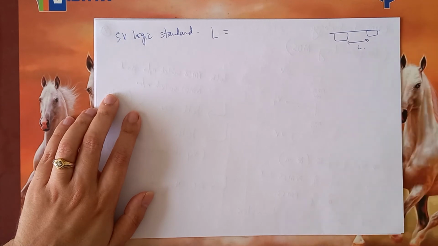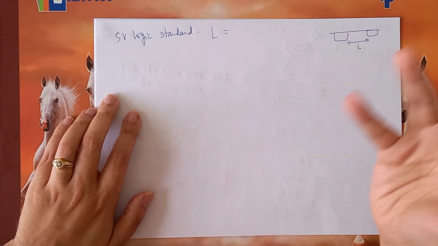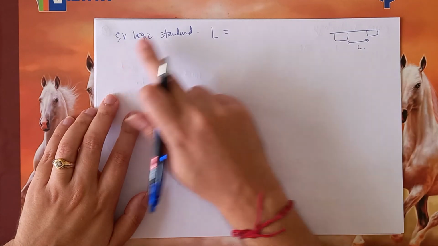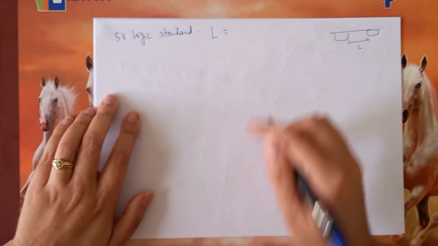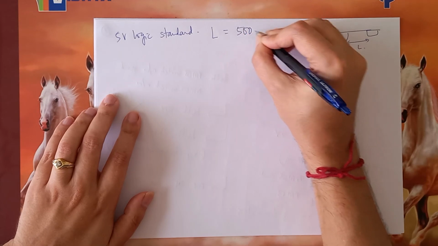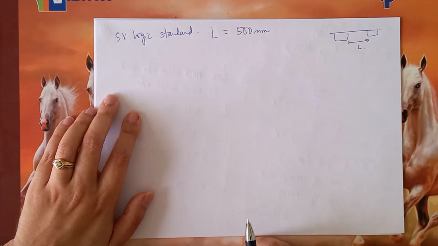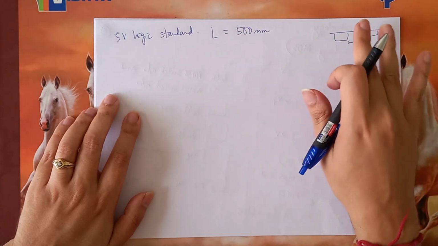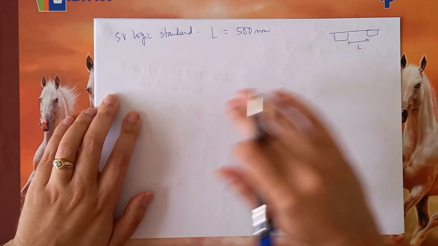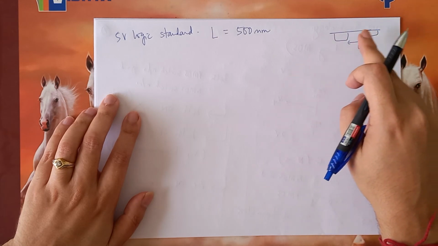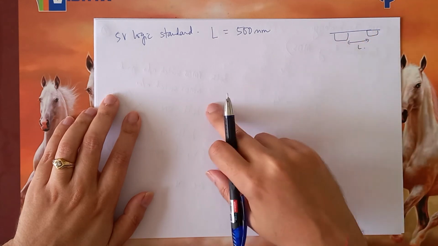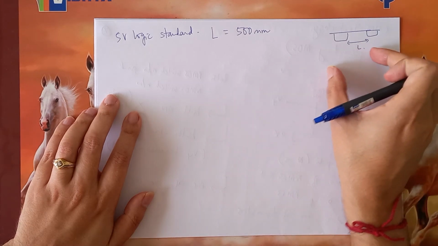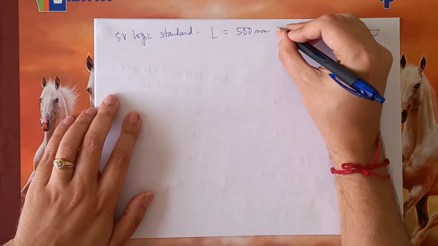As I reduce my length, other dimensions will also reduce. For the 5 volt logic standard, a very popular value of L was 500 nanometers, that means half a micrometer, which is very, very small. You cannot see it with your naked eye. So the length was 500 nanometers, in the 1980s and 1990s.